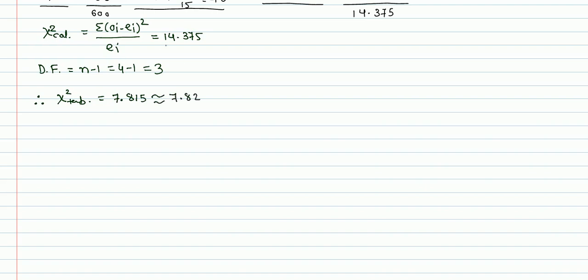Now see the values. Calculated value is 14.38 and table value is 7.82. Obviously calculated value is greater than table value. Therefore, we can write here chi-square calculated value is greater than chi-square table value. Okay. Therefore, hypothesis H0 may be rejected.